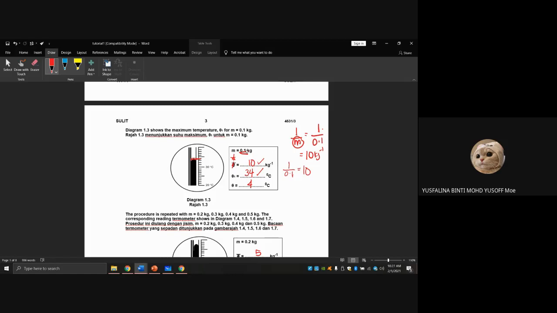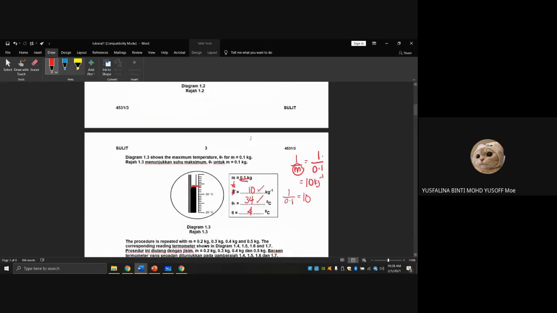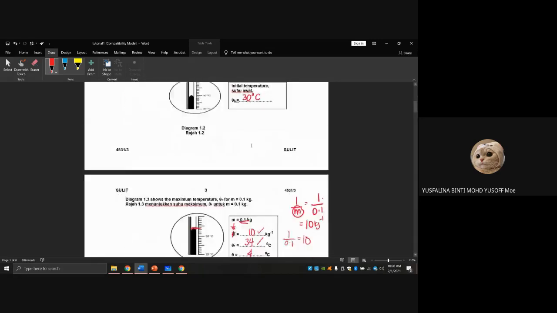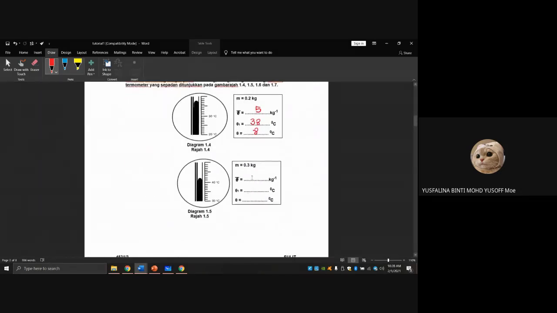You already read 34, so 34 minus the initial temperature, 30. So 34 minus 30, you get 4 degrees Celsius. Are you okay? Yes, so can you do this one?